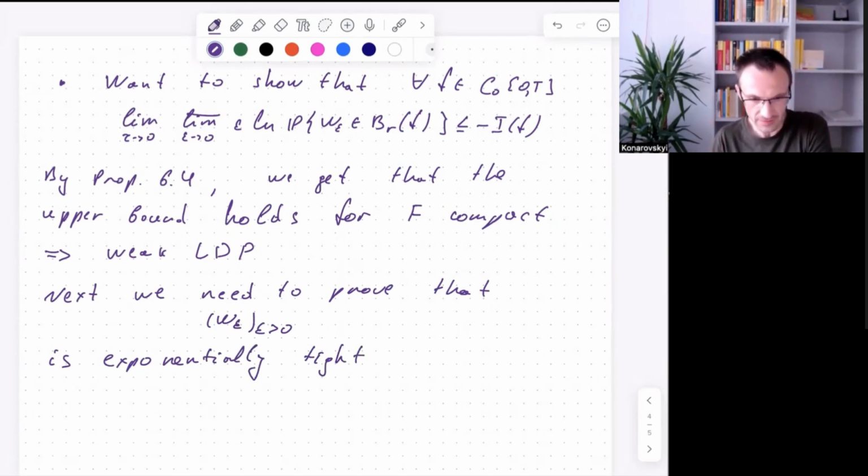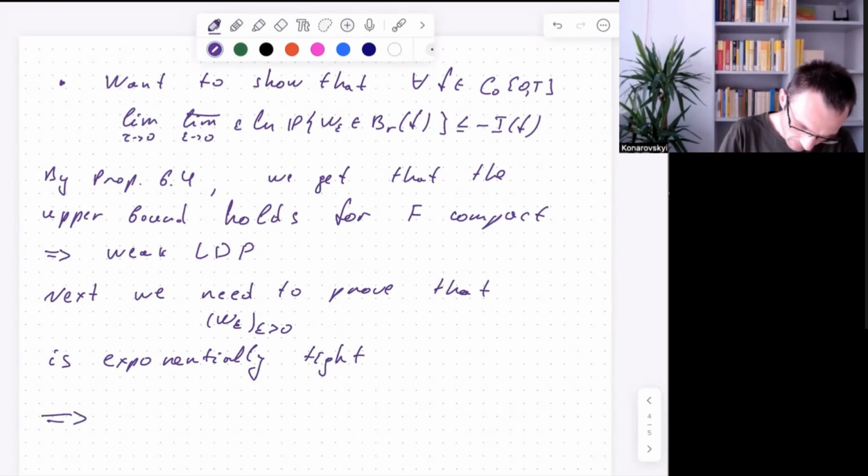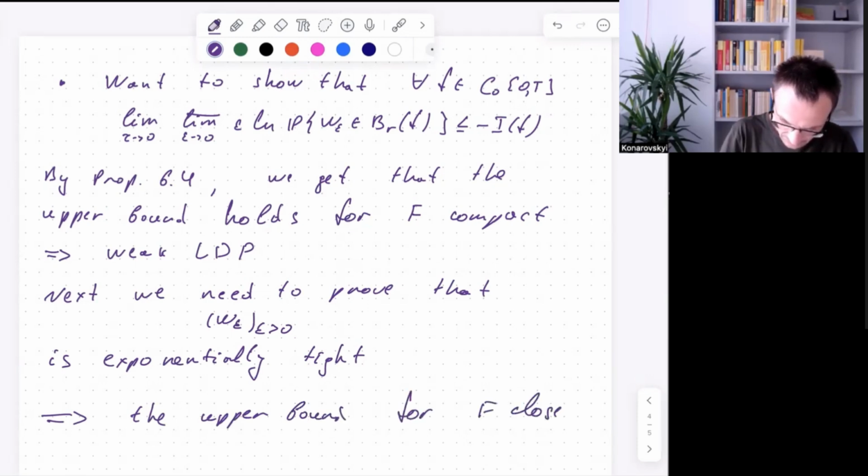We will recall the definition a little bit later when we discuss the exponential tightness. But for us now it is important to remark that having the weak large deviation principle plus exponential tightness, we will get the upper bound for F closed. And this will imply the proof of the theorem.